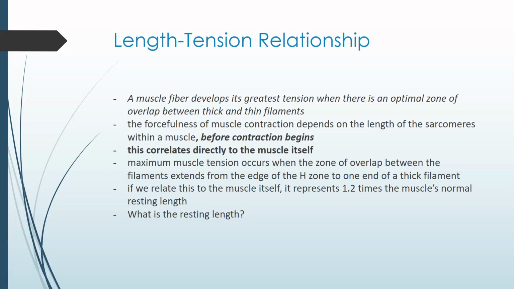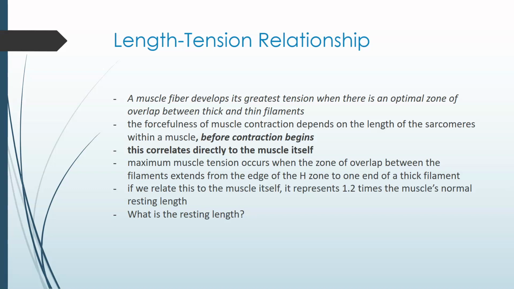When we look at the sarcomeres, we remember that sarcomeres line up one against the other, end to end in a muscle fiber, and that a muscle is made up of muscle fibers. So whatever we're looking at from the perspective of the sarcomere also correlates directly to the muscle itself.